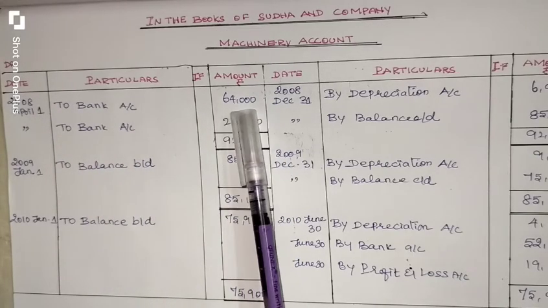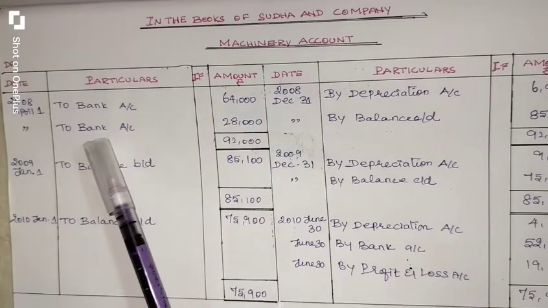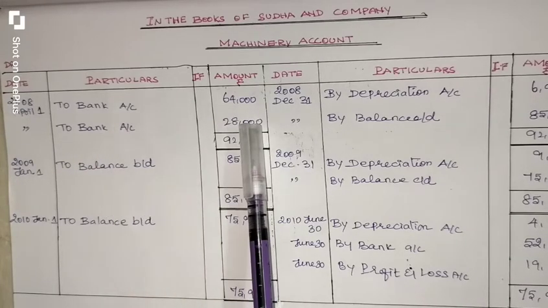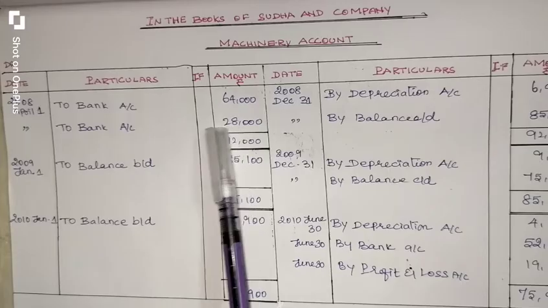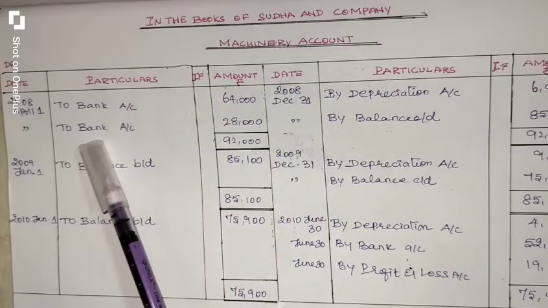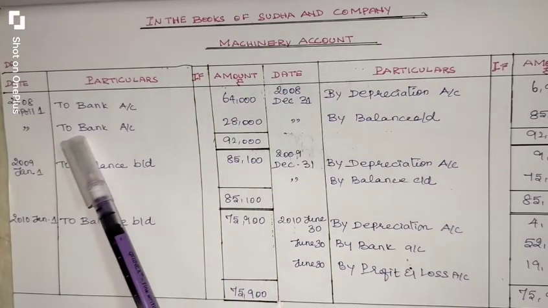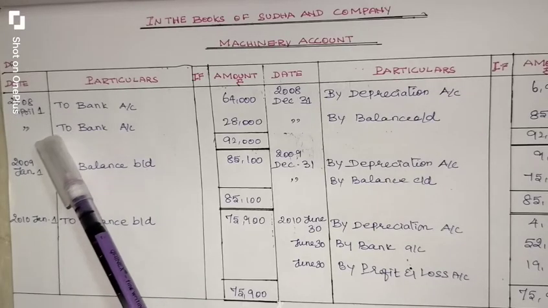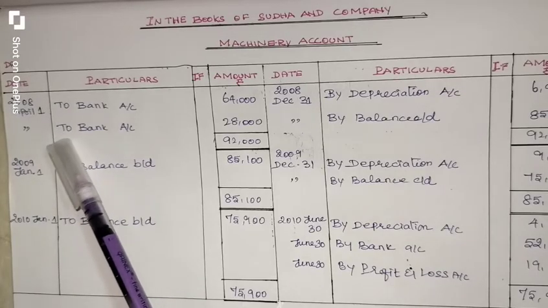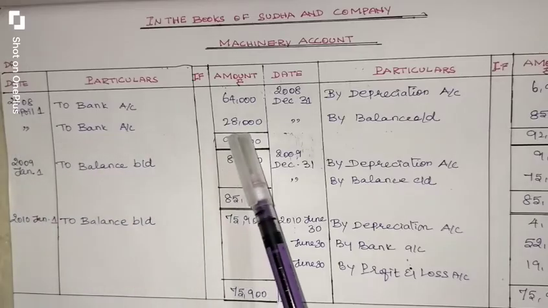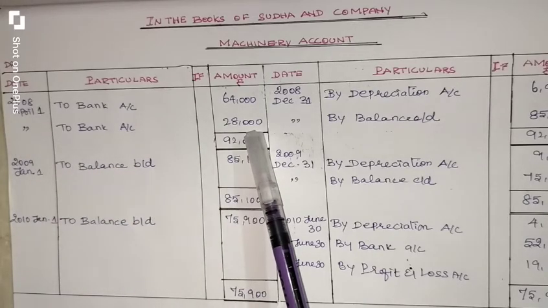Then you spent installation charges of rupees 28,000. What is the journal entry for installation of the machinery? Same, machinery account debit to bank account. Machinery account is on the debit side, so we enter the opposite account, that is to bank account, on the same date, rupees 28,000.